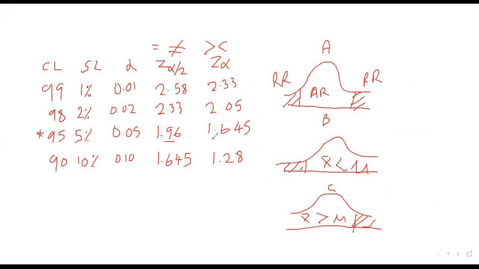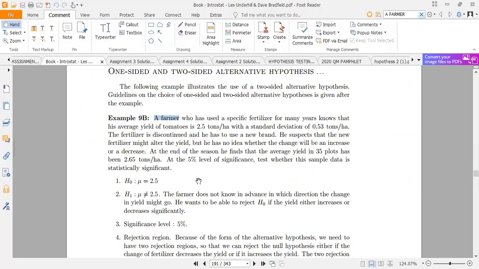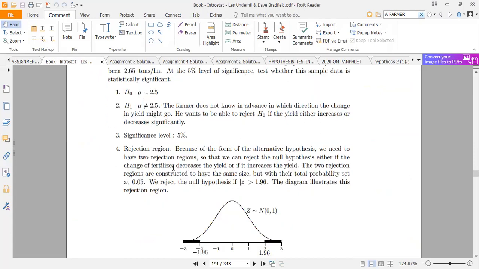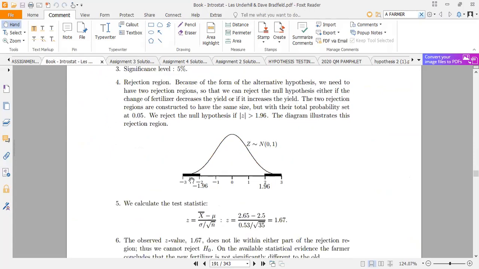So this is how it's supposed to be done. So we'll continue further on. At level of significance 5%, since that's been given, we're now going to use our decision rule. 5% here is 1.96 and here is 1.96.